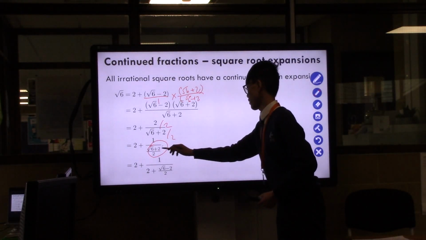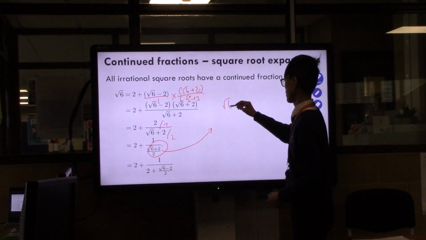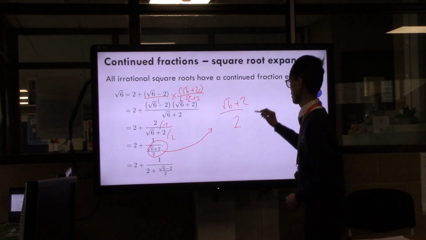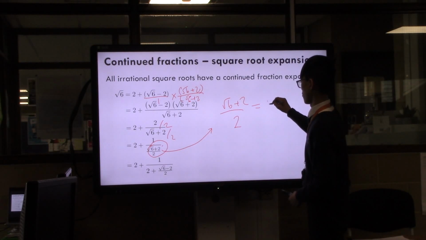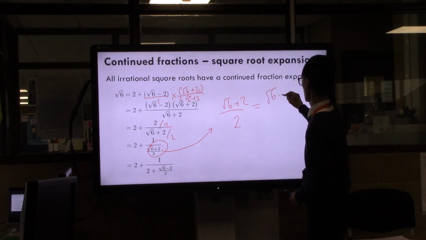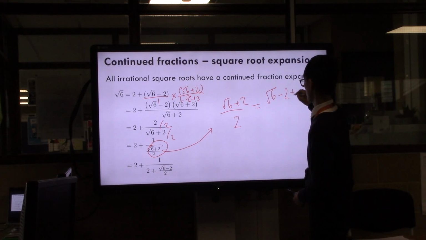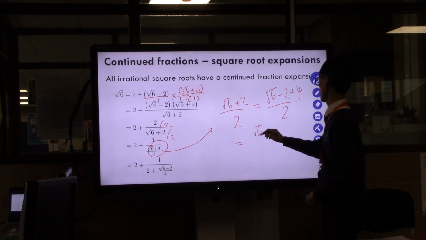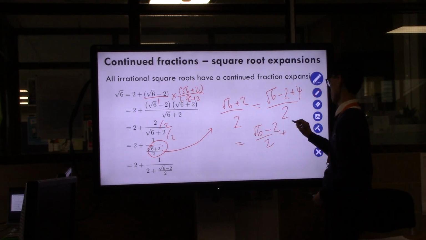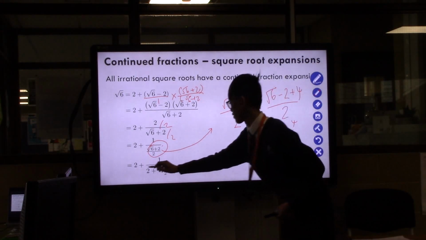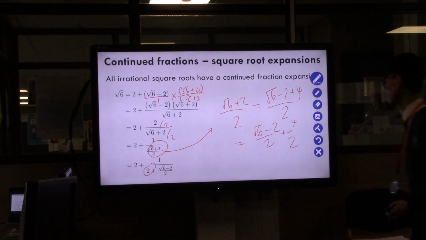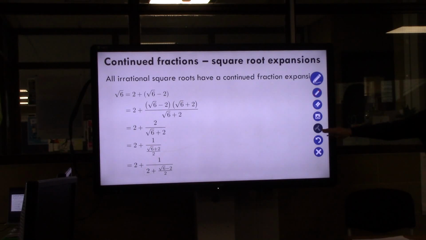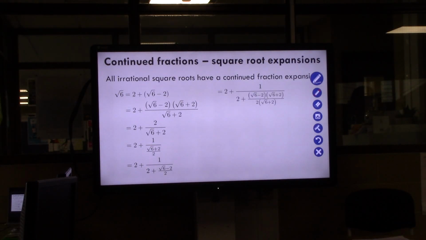We can say that root 6 plus 2 over 2 is equal to root of 6 minus 2 plus 4 over 2, and that is equal to root of 6 minus 2 over 2 plus 4 over 2, and that's where we get the plus 2 over here from. We can continue, and you can see how this will carry on forever, and that's where we get our continued fraction expansion from.